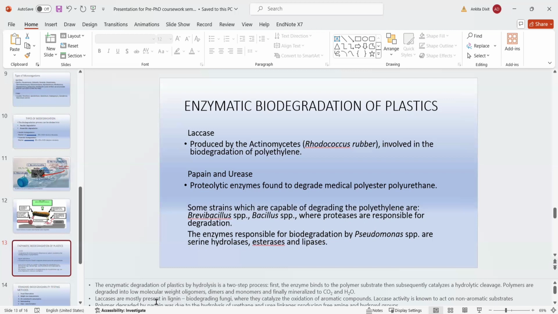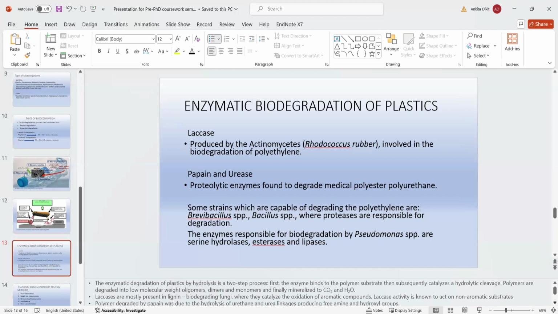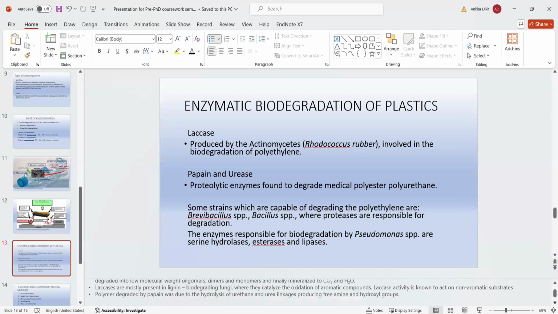Laccases are mostly present in the lignin degrading fungi and actinomycetes. When they catalyze, the oxidation of aromatic compounds occurs. Laccase activity is known to act on only non-aromatic substrates. Second is the papain and urease enzyme, proteolytic enzymes found to degrade the medical polyester polyurethane.